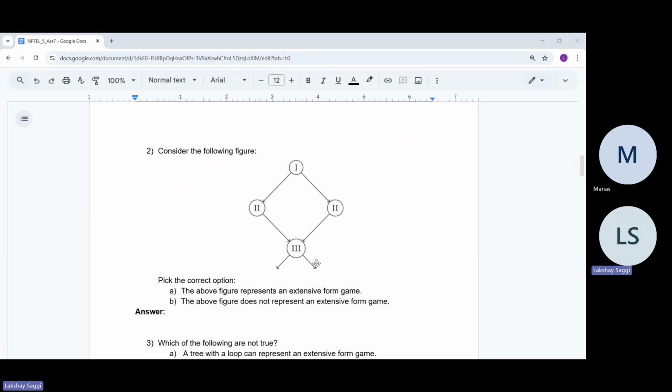Then there are some outgoing edges, and there is some further part in the game also. But considering just this part of the game, we have to answer: can this figure represent an extensive form game?